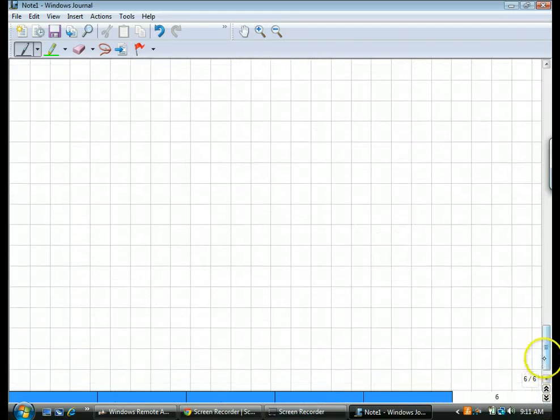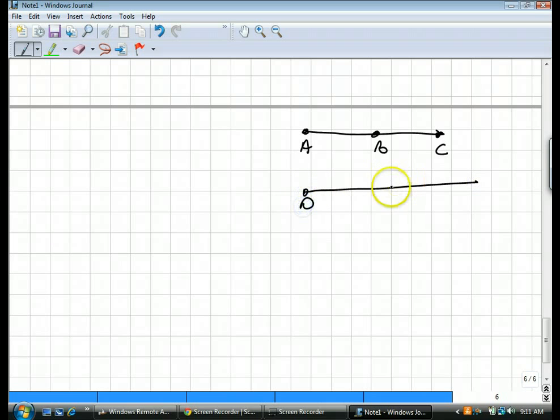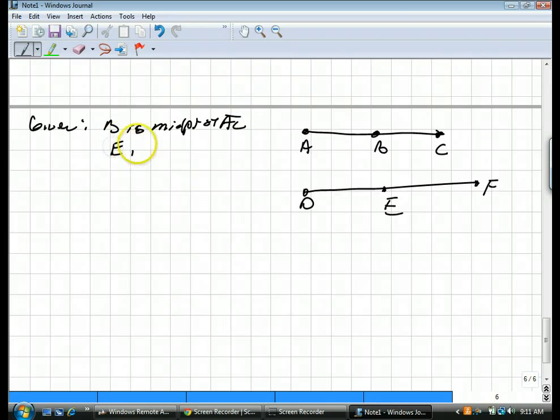All right, let's do one more example. Let's look at this line segment. This is A, B, and C. And we have line segment D, E, and F. And we are given that B is the midpoint of AC, and E is the midpoint of DF.